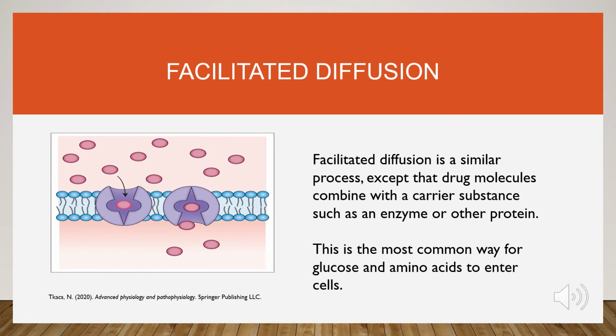Small ions such as sodium and potassium use this pathway, but their movement is regulated by specific channels with a gating mechanism. The gating mechanism is a flap of protein that opens briefly to allow the ions to move in, and then the flap closes.